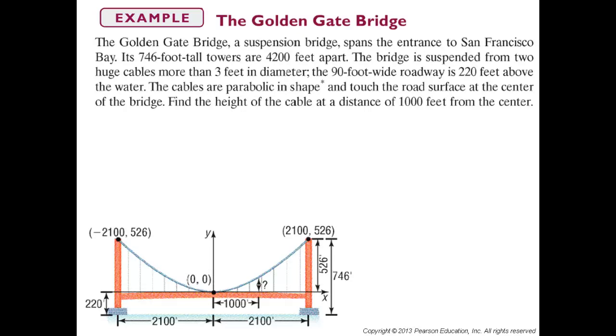Okay, now we want to find the height of the cable at a distance of 1,000 feet from the center. So with this problem, we've got some information about the quadratic. We just don't have the equation to just plug 1,000 in. How could we get that equation? Or what could we do to get there? Well, we know it's quadratic, right? Because they said it's parabolic in shape.